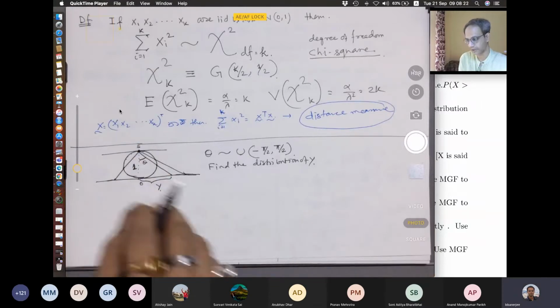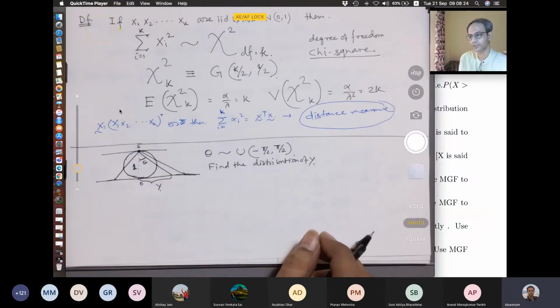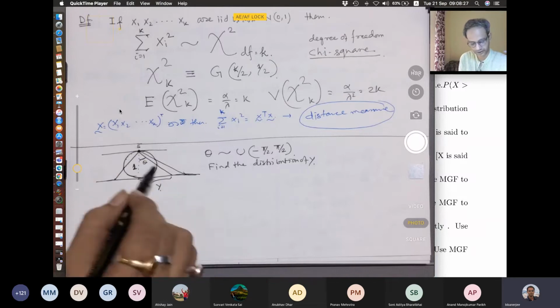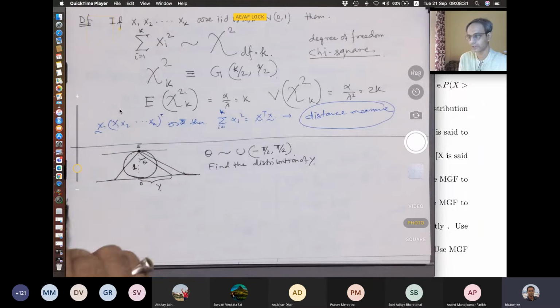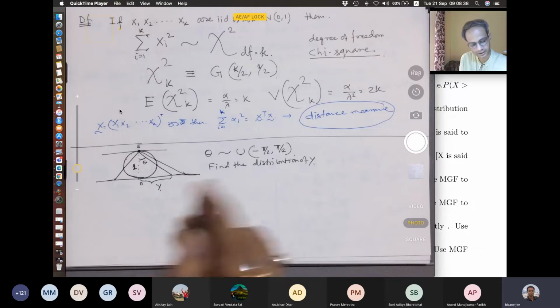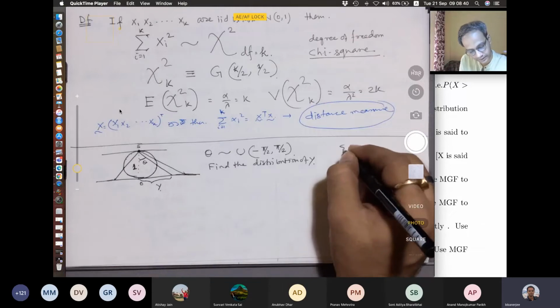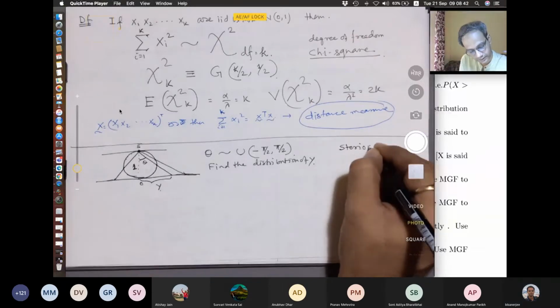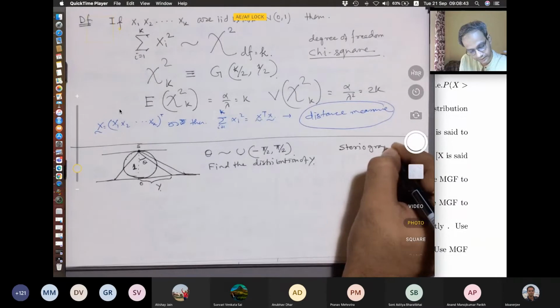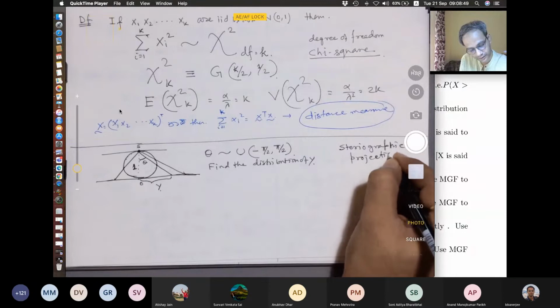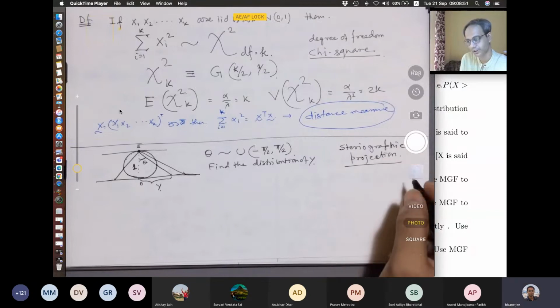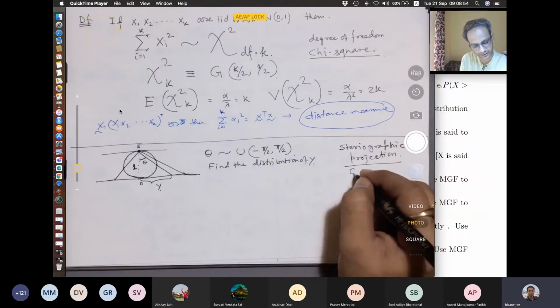Whatever we have drawn geometrically here, this projection of all these points of a circle onto this line, is studied in mathematics, geometry and complex analysis, and it is known as the stereographic projection. It has a huge application in complex analysis.